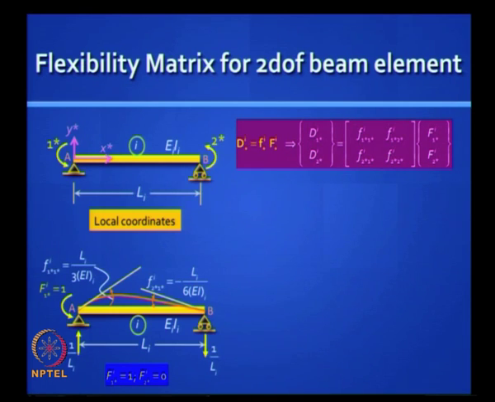And it is important to note that at the other end you will get a direction which is opposite to the direction you get at the first end. So you have to put a minus sign when you write the stiffness matrix.